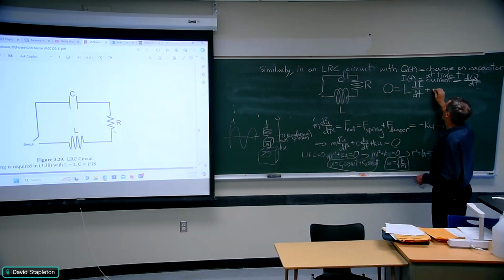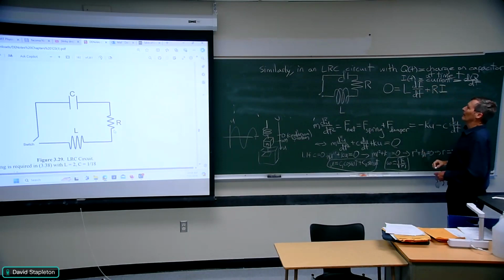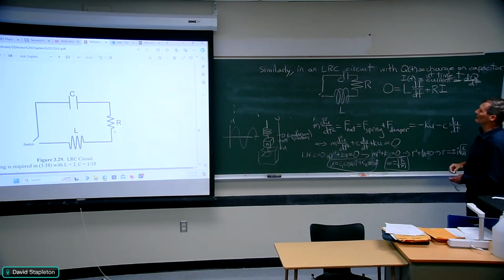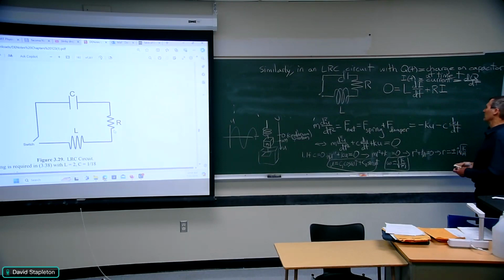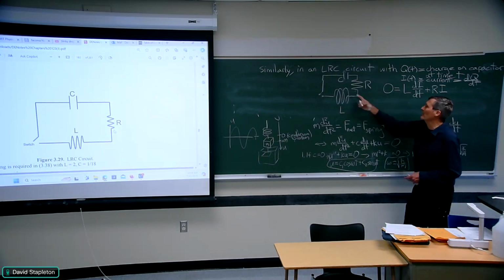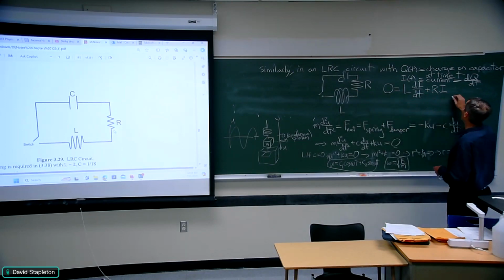And then R times I turns out to be the voltage drop due to the resistance in the resistor here. And then the voltage drop across the capacitor is 1 over C times Q, the charge in the capacitor.